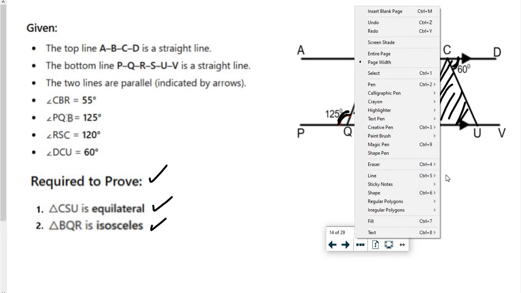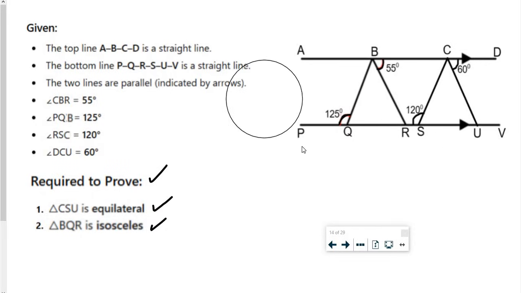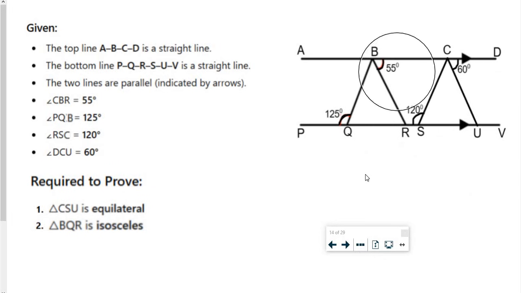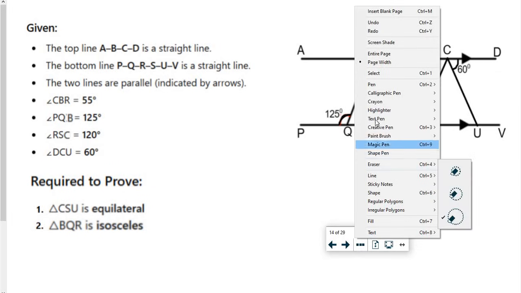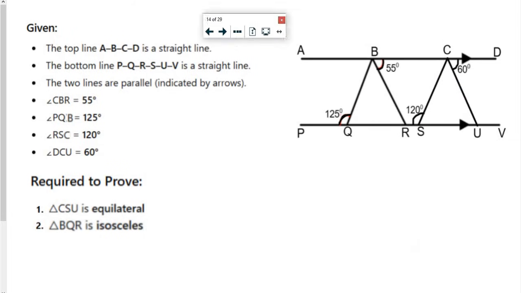Now, how do we do this? It looks easy. Starting with the first question, we need to prove that triangle CSU is equilateral.